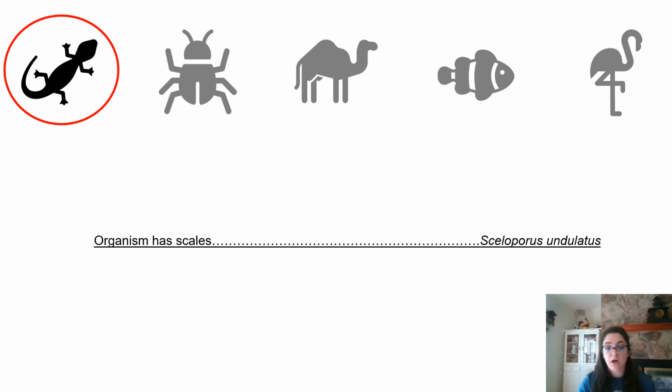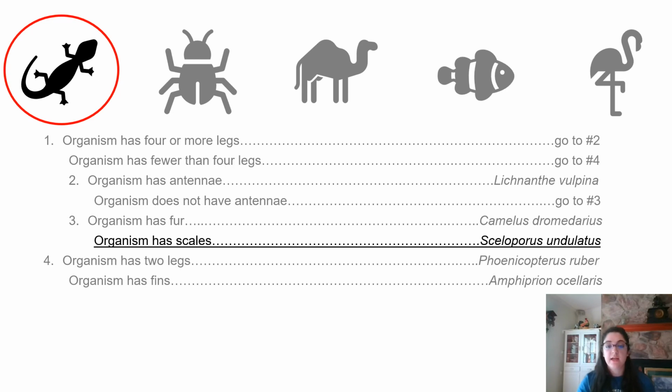Now you don't see the common name here, you just see the scientific name, and that's very common in keys. Sometimes they'll throw the common name in there as well, but most keys will include the scientific name. That's for accuracy. Some organisms share common names, like you can have more than one fence lizard and it can become very confusing, but only one organism will have this scientific name.